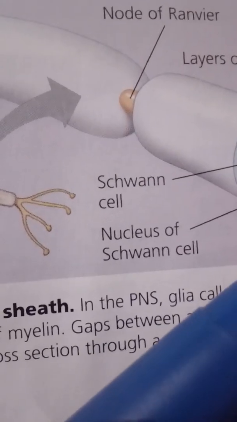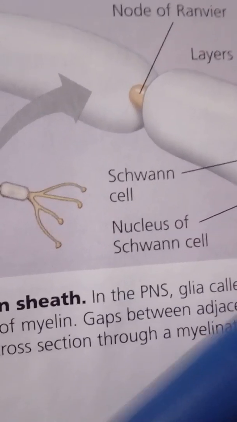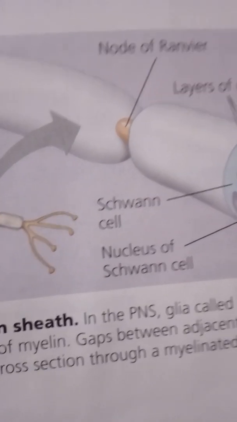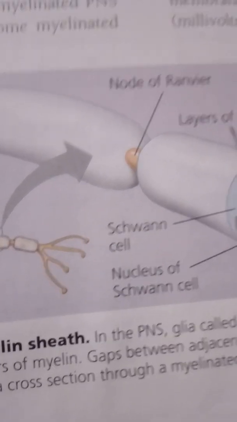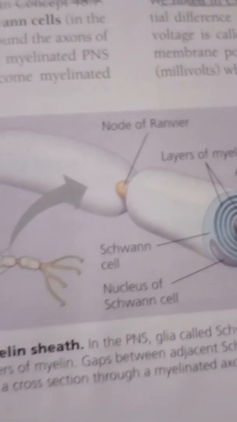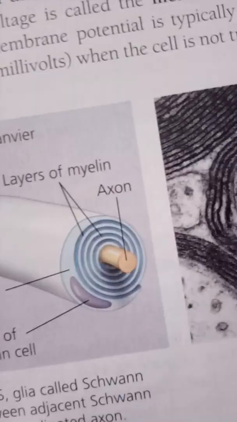Neurons become myelinated during development when Schwann cells or oligodendrocytes grow around axons, wrapping them in many layers of membrane, somewhat like a jelly roll. These membranes are mostly lipid, which is a poor conductor of electrical currents.